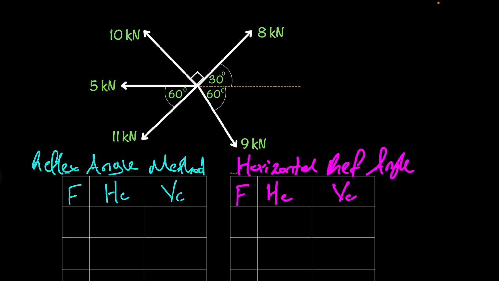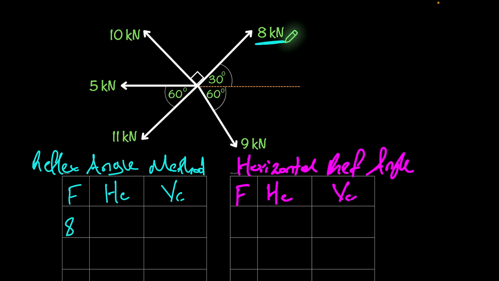If we start from the 8 kilonewtons, the first force we have that's going up and to the right, this is going to be quite similar for both methods, because the differences really start as soon as we go greater than 90 degrees. The angle there is 30 degrees between the 8 kilonewtons force and the horizontal reference line.